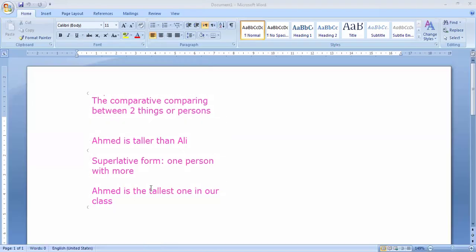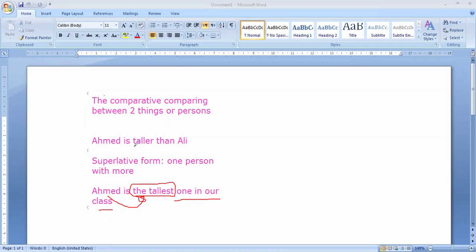Here we use the tallest. Here I compare Ahmed with more than one: Ahmed with the tallest one in our class.